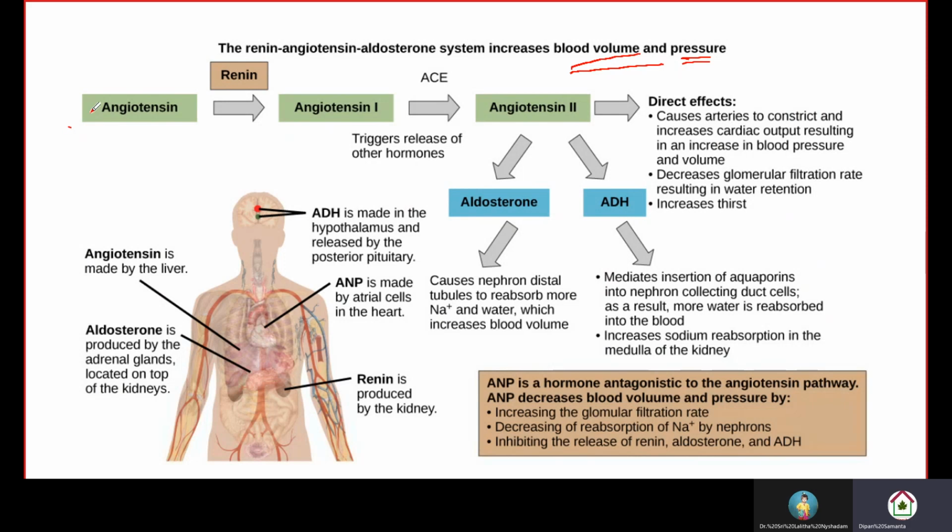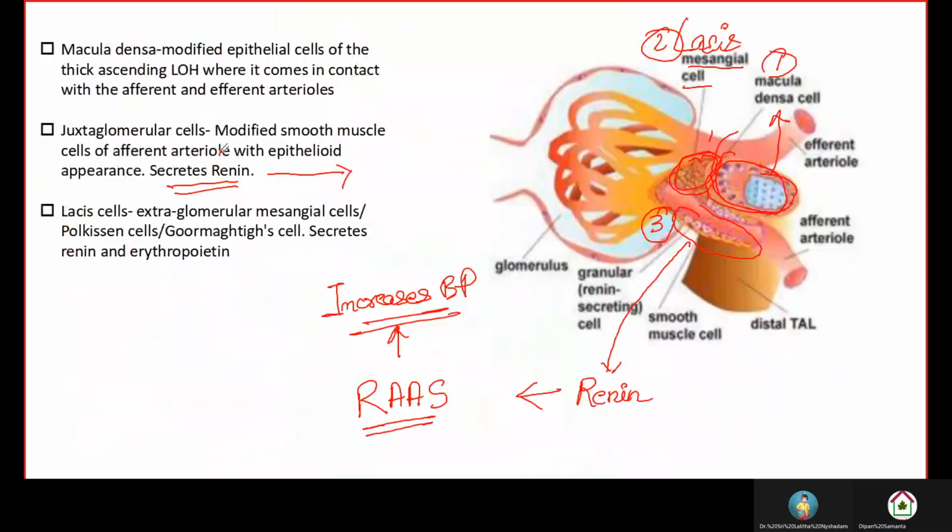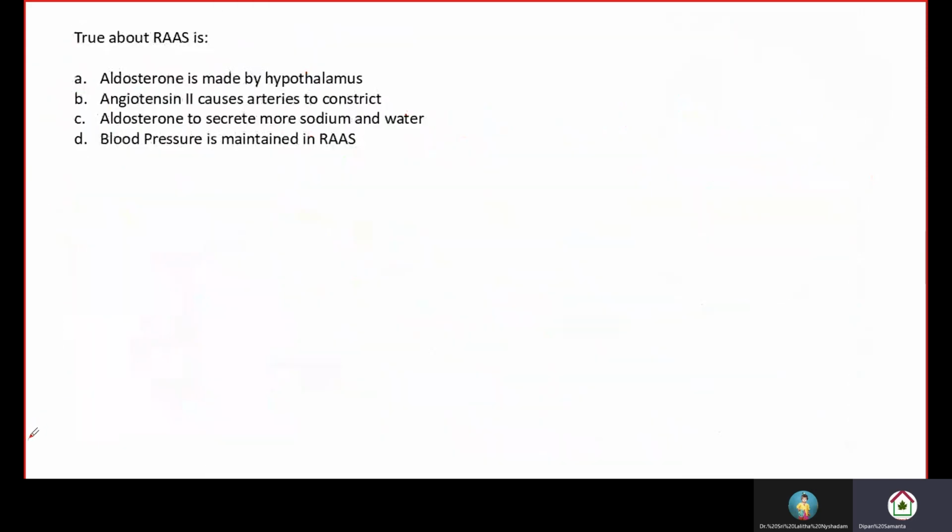So first of all, angiotensinogen in the presence of renin. Renin is secreted by, we have studied already, juxtaglomerular cells. This is the renin secreting cell, juxtaglomerular cells. Okay, renin is secreted by these cells.